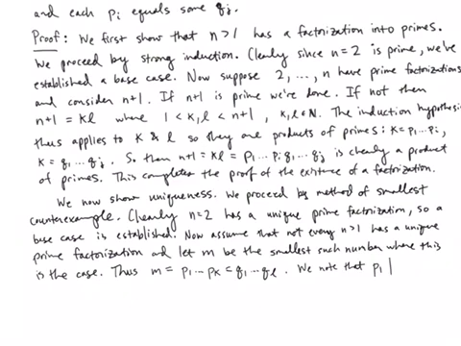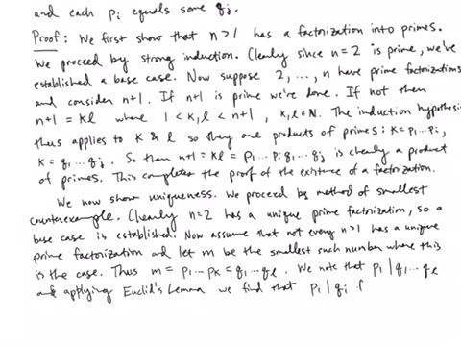So we note that P1 divides Q1 dot dot dot QL, and applying Euclid's lemma, we find that P1 divides Qi for some i.